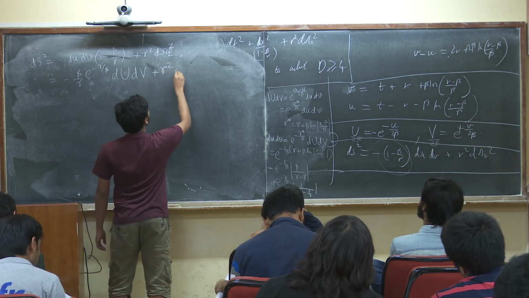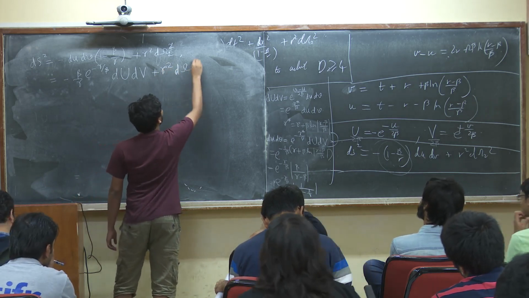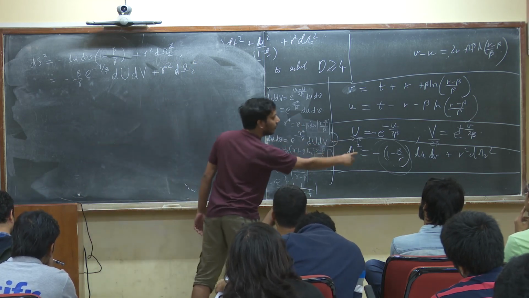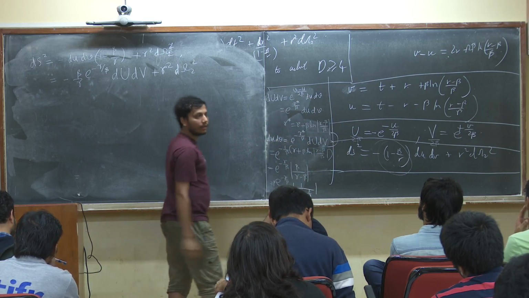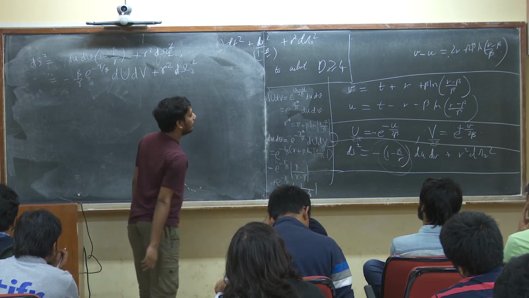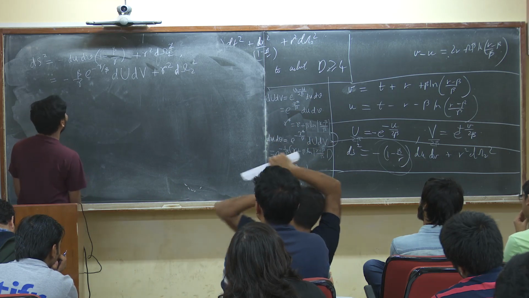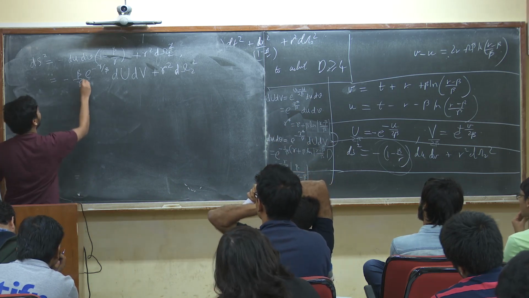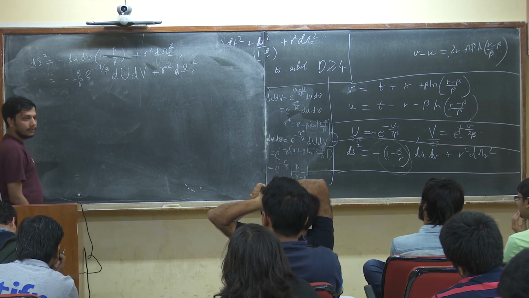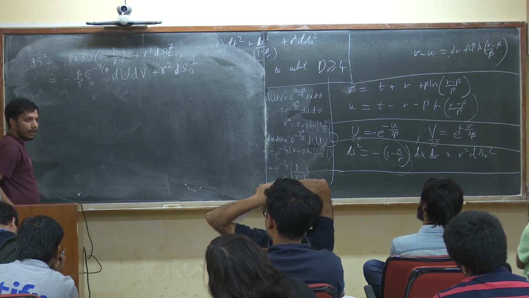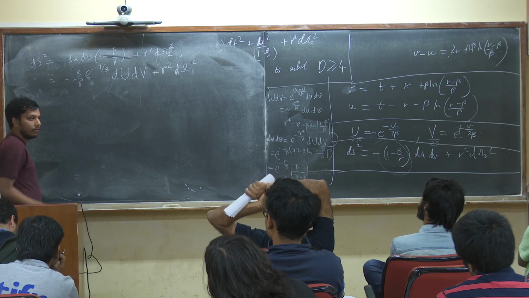I have not written the equation. The equation is v minus u is equal to 2r, and substitute u and v by ln of u. So from this metric it is clear that r is the radial coordinate.